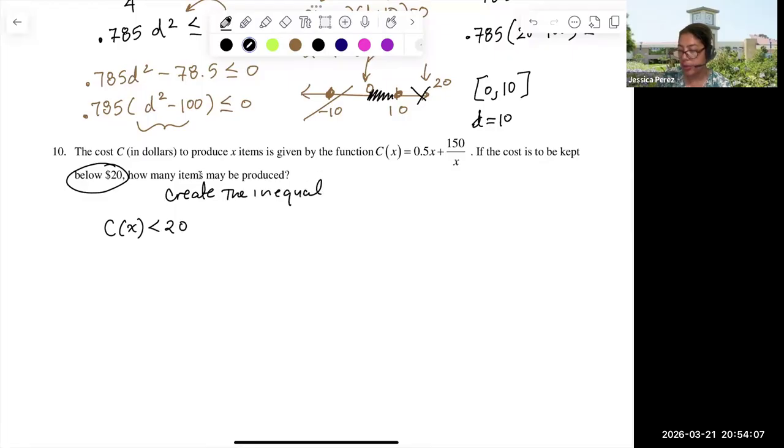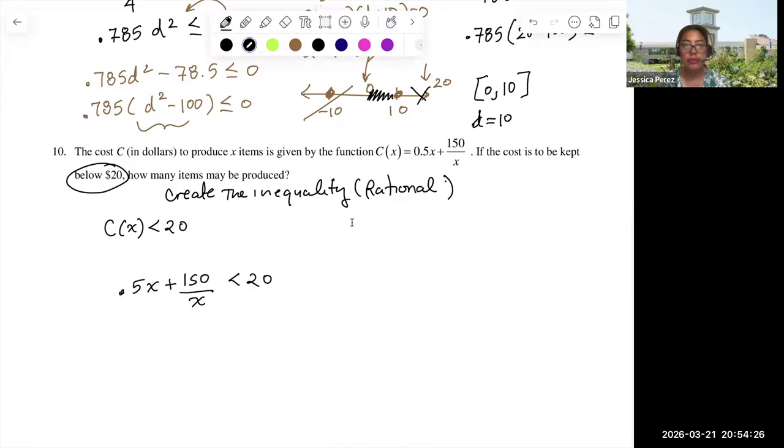In this case, this inequality will be a rational inequality because I have a fraction in there. So I have 0.5x plus 150 over x less than 20. The first thing that I want to do is clear fractions.